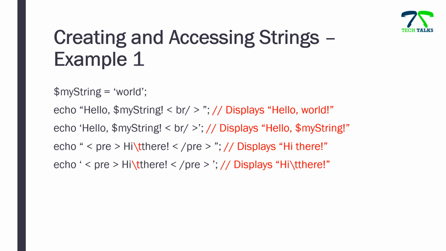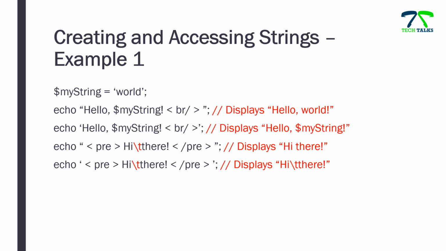In the next example, an escape character \t is included within the string literal. When double quotes are used, there will be a gap between hi and there in the output.